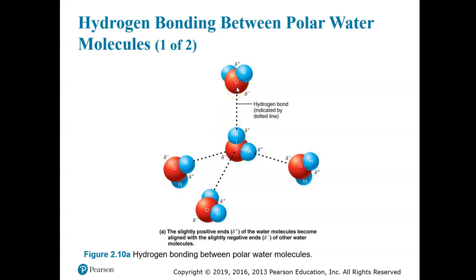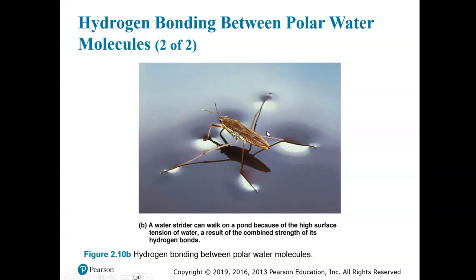The negative end of one is attracted to the positive end of the other, and that makes water molecules cohesive. And these dotted lines represent hydrogen bonding. That is bonding between the oxygen end of one water molecule and the hydrogen end of another.